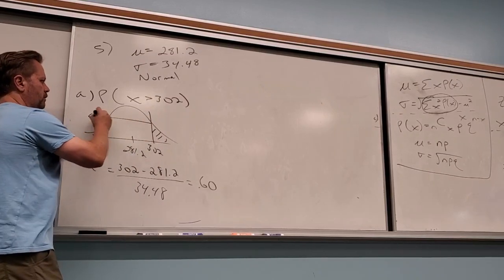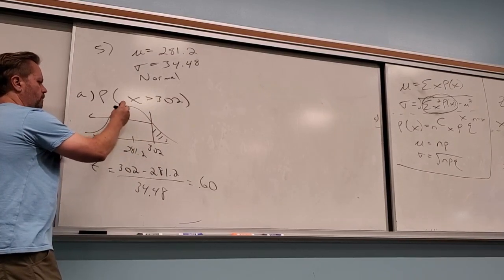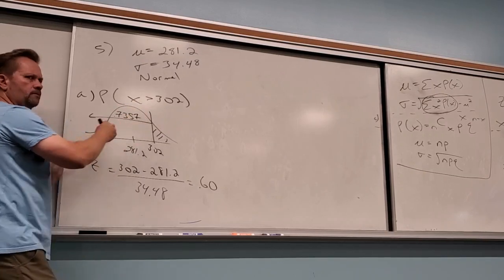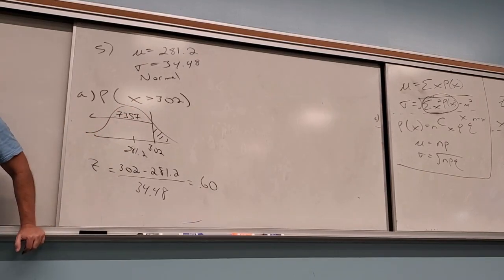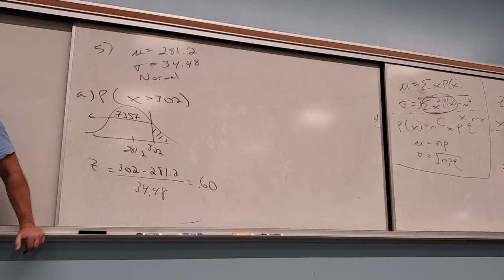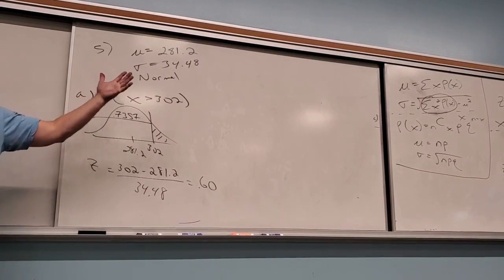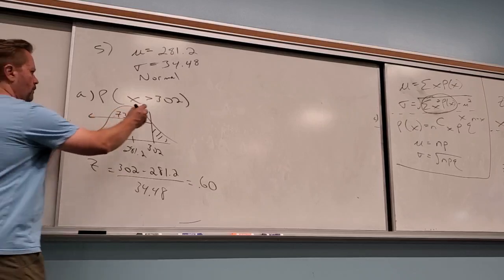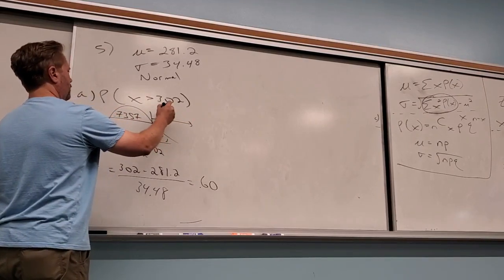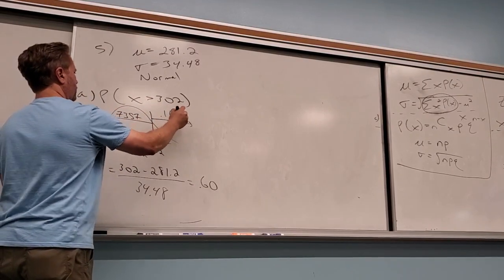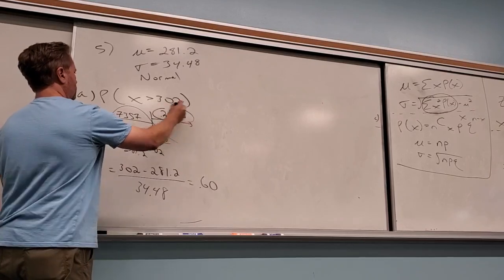If I look up 0.60, I get 0.7257. And is that the answer? No. And how do I know it's not the answer? Because I was nice to myself and I drew a picture that showed the answer's on that side. So it's 0.2743, that's better.